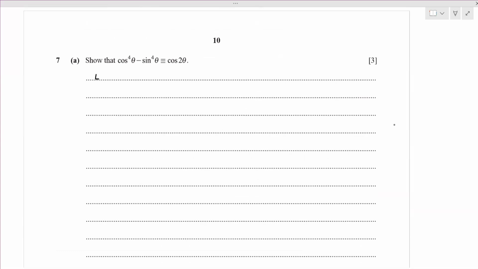So working on the left hand side, I'm writing it like cos squared theta whole square minus sin squared theta whole square. So it will be a minus b or a plus b.